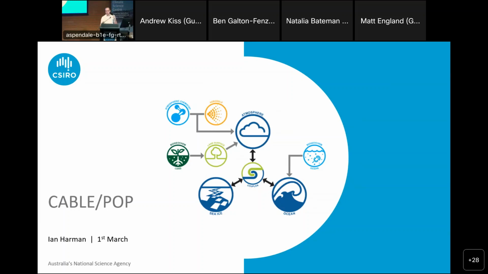Just to contrast with the Oceans group, the land group in general is smaller and more disparate. It's spread across multiple activities, and so part of the fun and games in the land space is herding cats, I think it's fair to say.